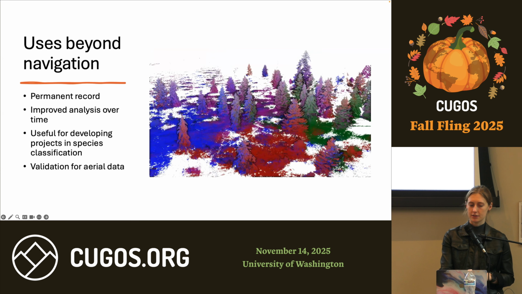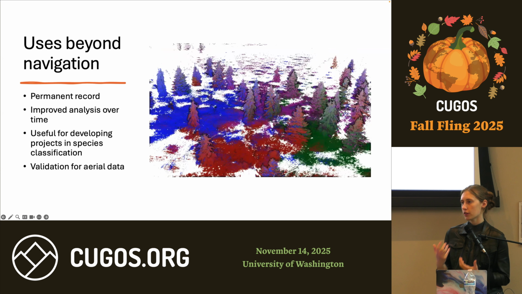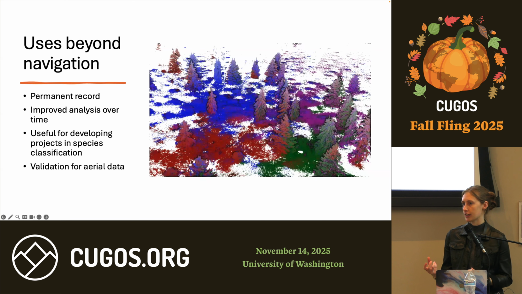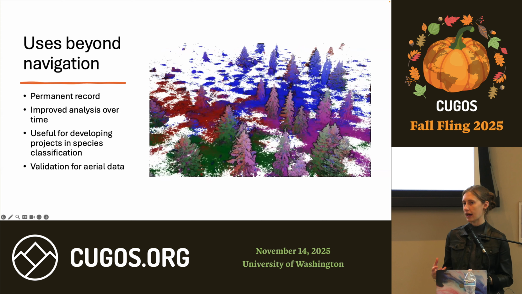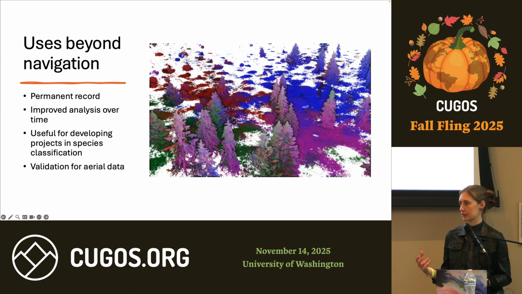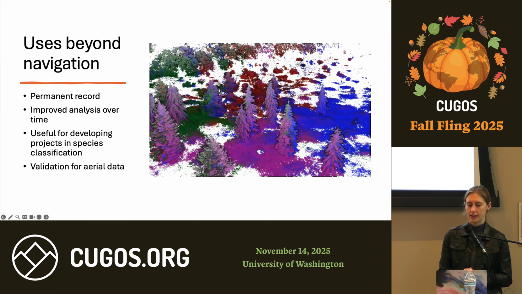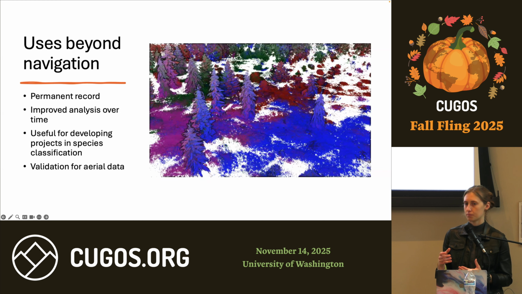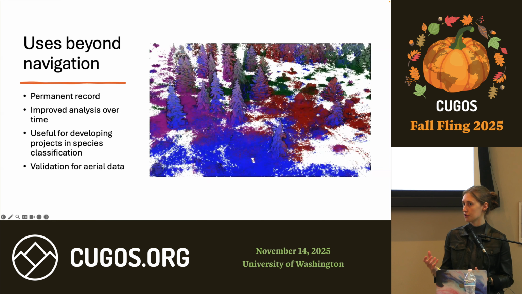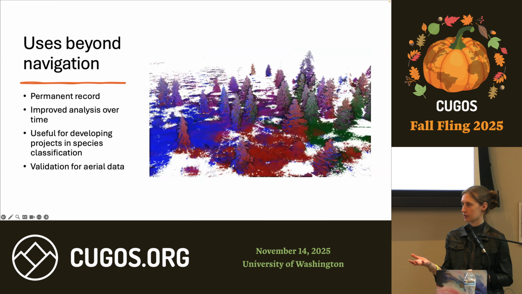So we summarize those together and we look at what the uses for this are beyond navigation, and how it encourages or promotes the use of TLS for national inventories in general. So we look at having a permanent record. If you scan a plot, you have a permanent record of the structure of those trees.